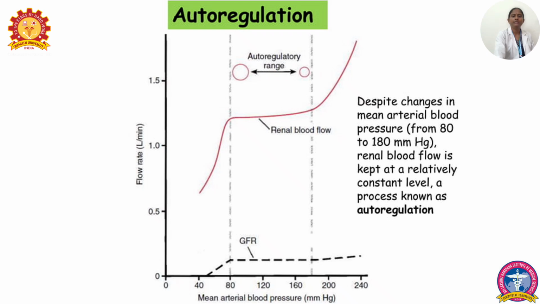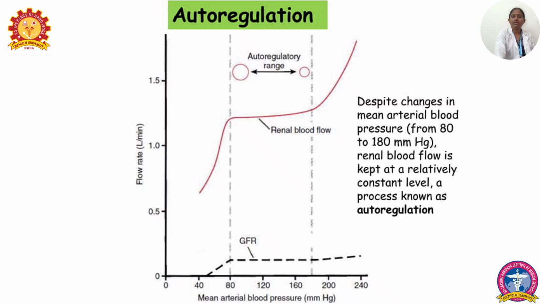See, here initially when the mean arterial pressure is less than 80, you can note down, because the x-axis explains the mean arterial pressure and the y-axis explains the flow rate. Till 80 there is only a gradual steep increase, but from 80 to 180, even if there is an increase in the blood pressure, it is maintained at around 125 ml per minute.